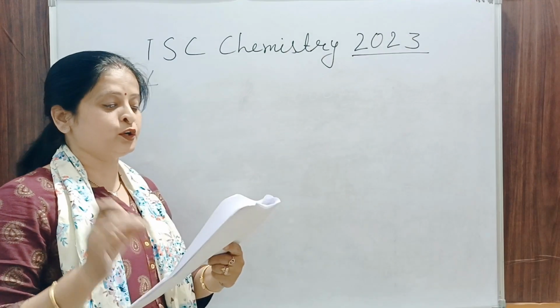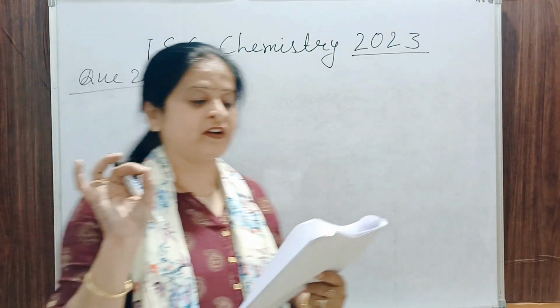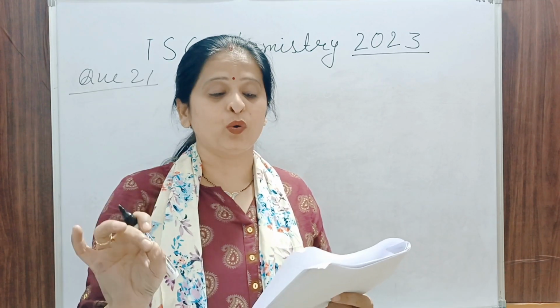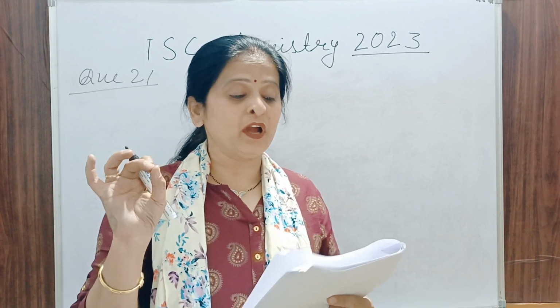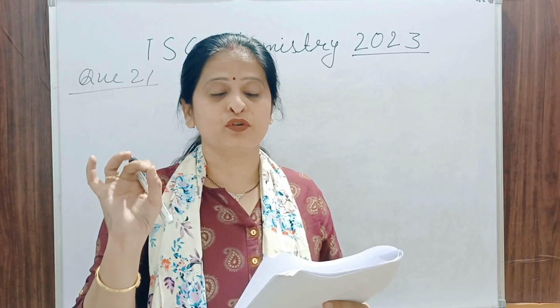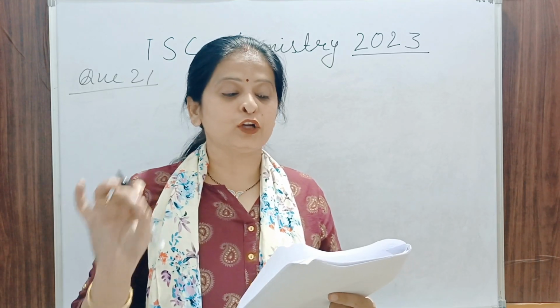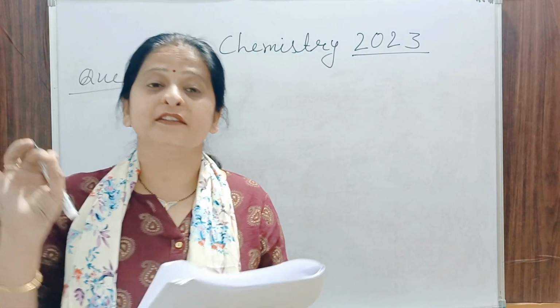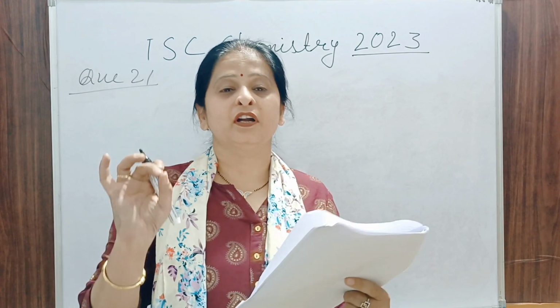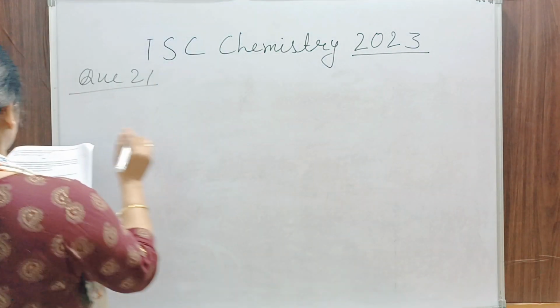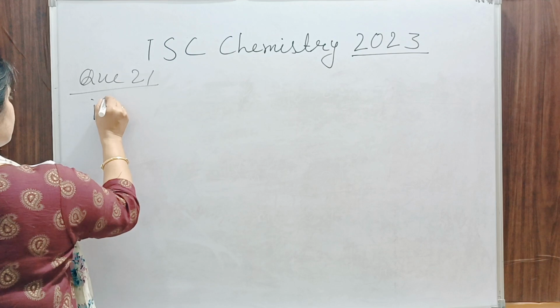Calculate the time taken to deposit 1.27 gram of copper at cathode when a current of 2 ampere is passed through the solution of copper sulfate. Atomic weight of copper is given 63.5 gram per mole. So how can we calculate?